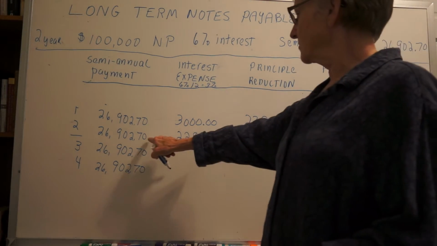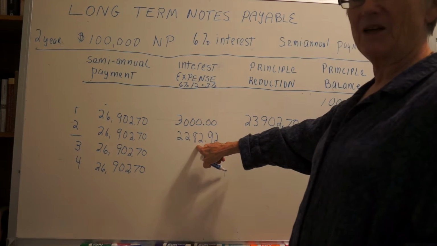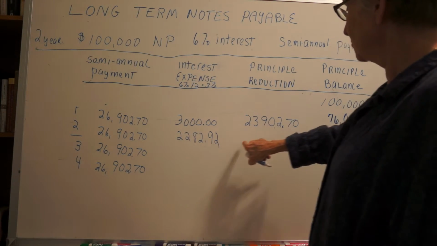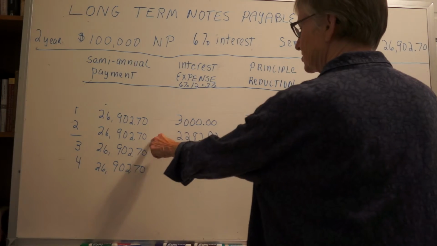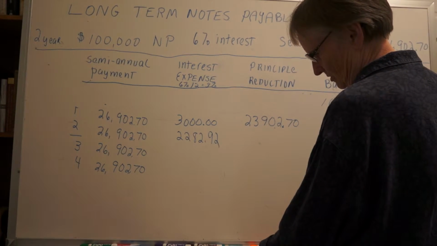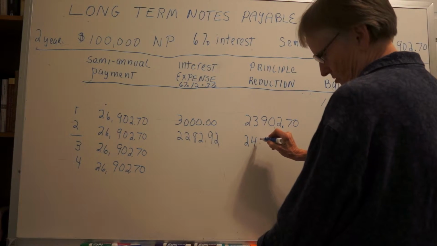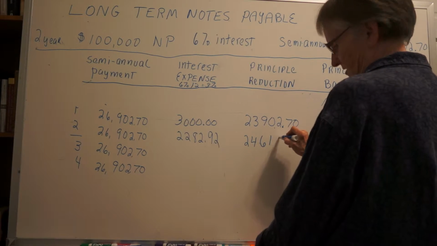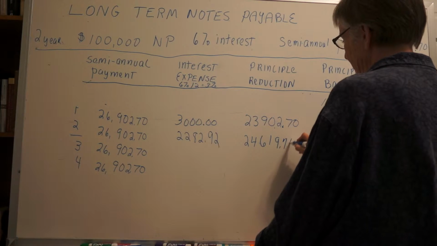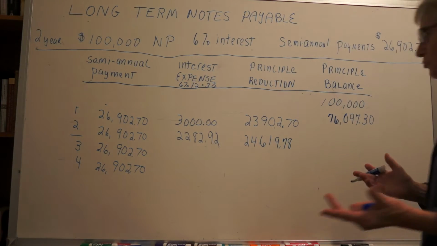Okay, so our payment was this amount. This amount of that payment was interest. The rest must be principal. So this minus the amount that was interest gives us a principal reduction of $24,619.78.